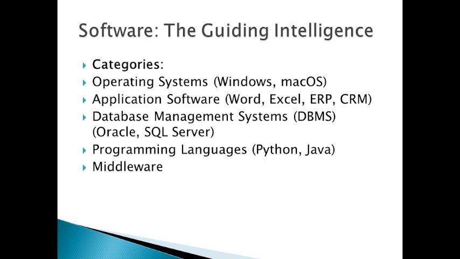Then we have programming languages. These are tools used by developers to create software. Examples include Python, Java, C++, and JavaScript. The choice of programming language influences development efficiency and software capability.